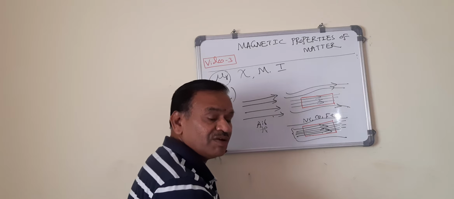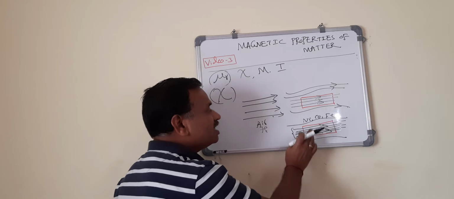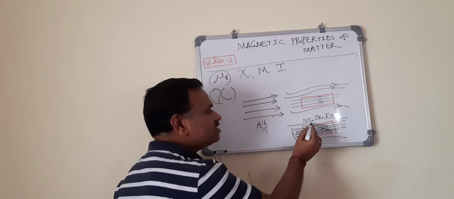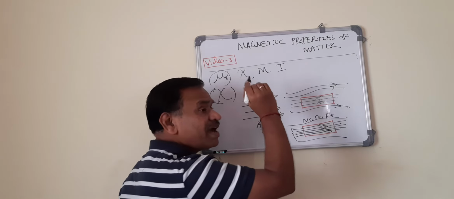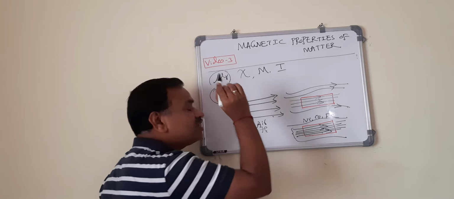This is a paramagnetic material. Here the number of lines of force passing through this material is more compared to this one. That is susceptibility.